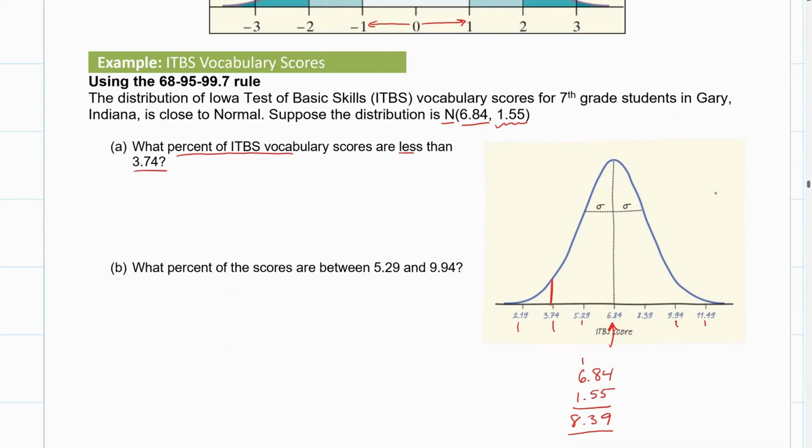In other words, how much area is in this little tail? Now, the 68, 95, 99.7 rule doesn't tell us that information with one of those three numbers, but it does allow us to say, here I am, and this number is two standard deviations below the mean.